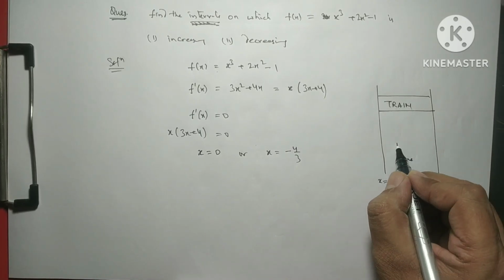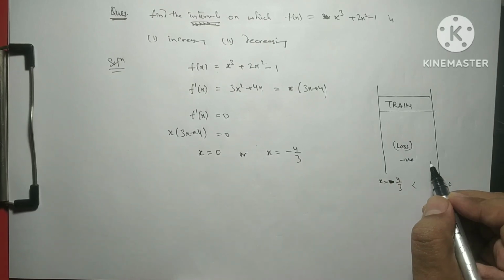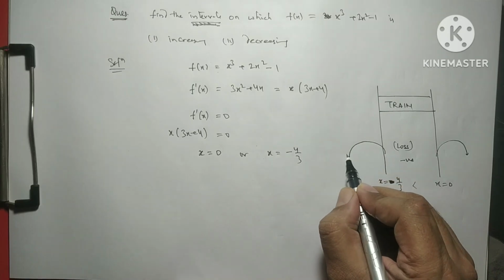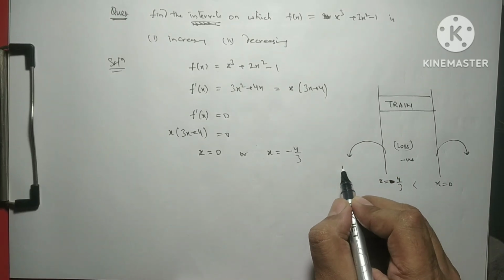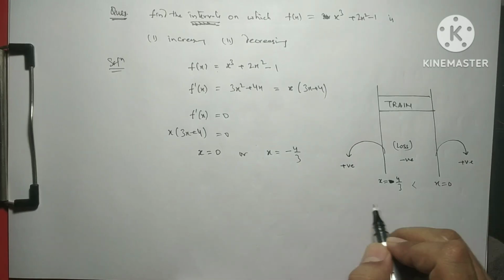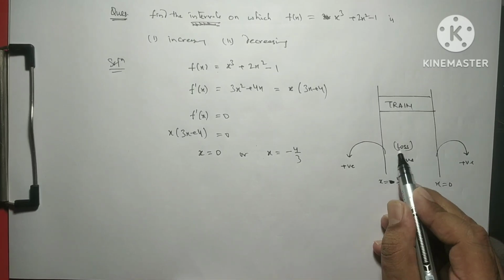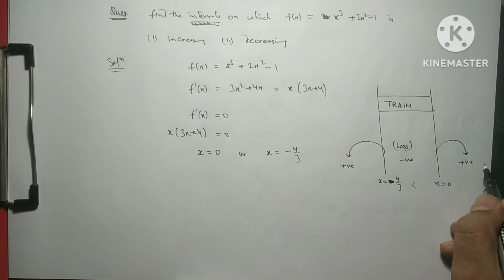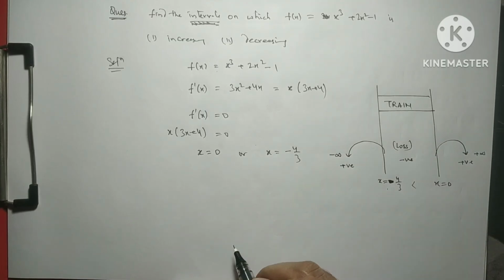Loss means negative. If you jump on either side, on the right side or the left side, then you will be alive and in profit, meaning positive. So we will make the intervals, with positive infinity on one side and minus infinity on the other.